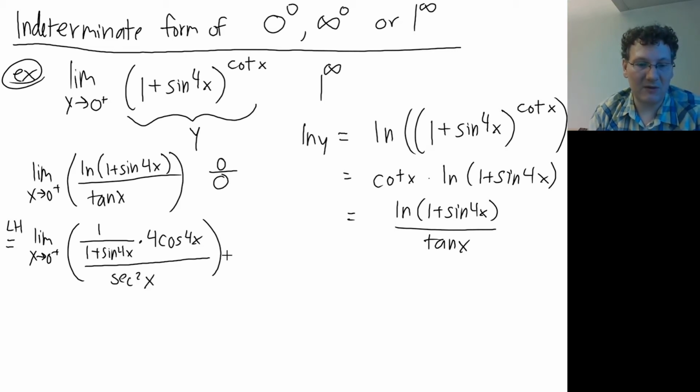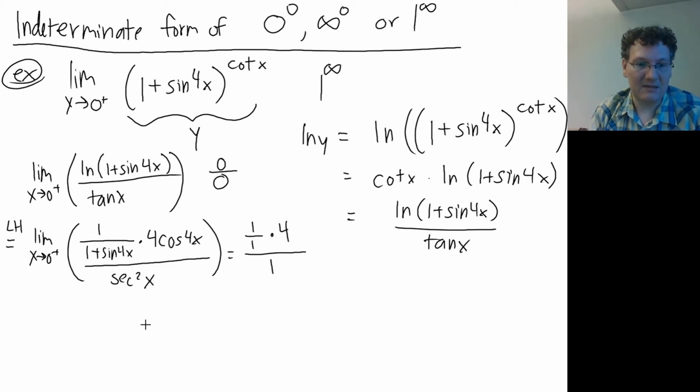Now we can actually evaluate this because the sine of 4x is still 0. So it's 1 over 1 plus 0, and the cosine of 0 is 1, so that's times 4. And the secant of 0 is also 1, so it's over 1. So this comes out to be 4.